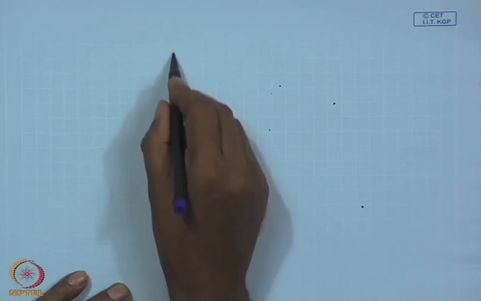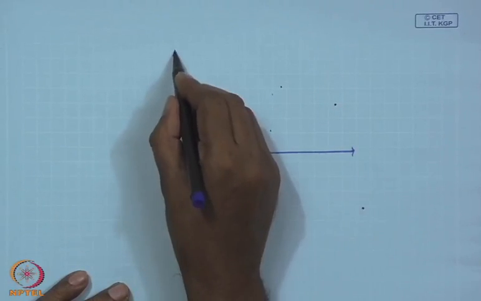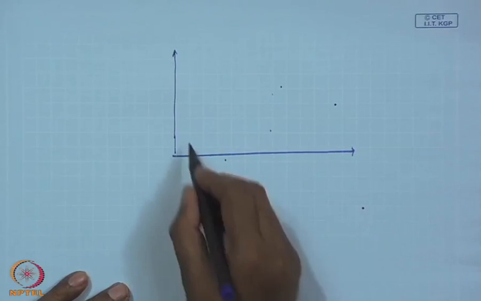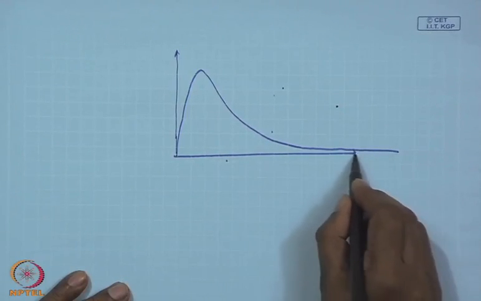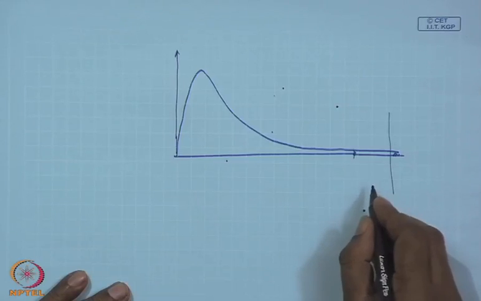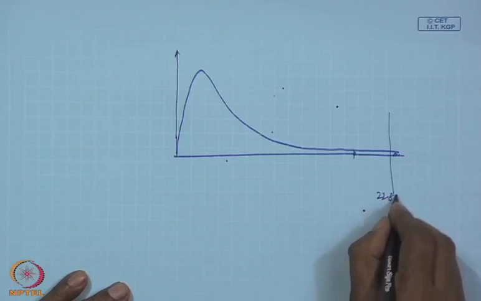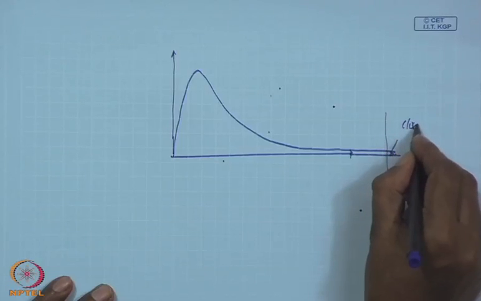If you see the F table, you will find the probability is almost close to 0. If this is my F distribution, you are somewhere here, at 22.82, and the probability is close to 0.